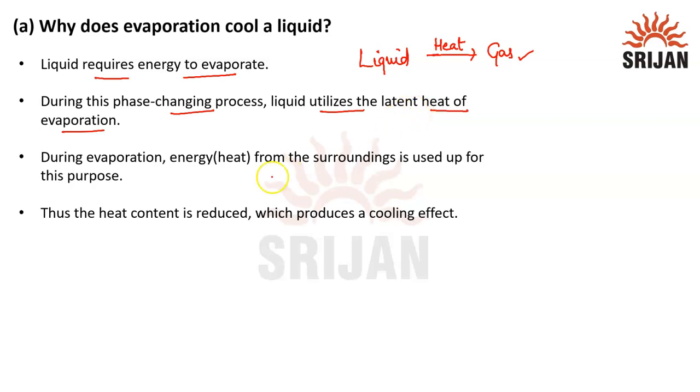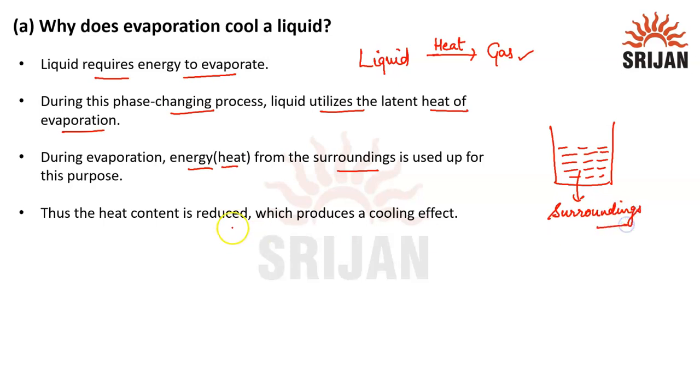gaseous phase. Now during evaporation, energy in the form of heat is taken up from the surroundings only. If the liquid is going to evaporate, the latent heat that is required for the evaporation is going to be taken from the surroundings only, meaning from the bulk of the liquid.